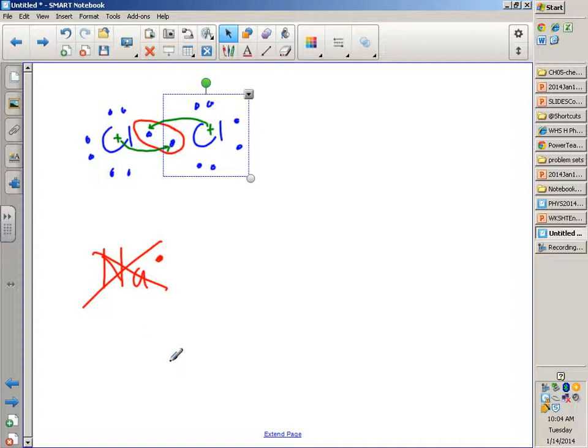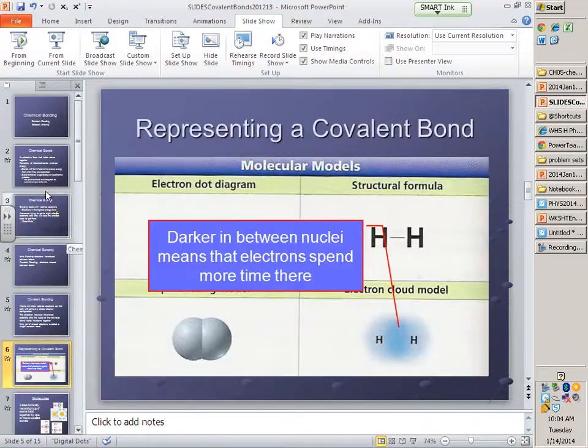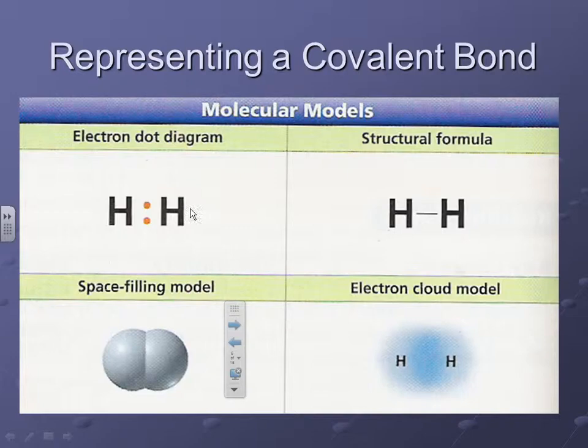There are different ways that we can represent this bond. We refer to this as the electron dot model. Starting off, the electron dot model works great because you're familiar with Lewis structures and valence electrons. So these two dots in between represent the two electrons that are being shared between these two atoms.